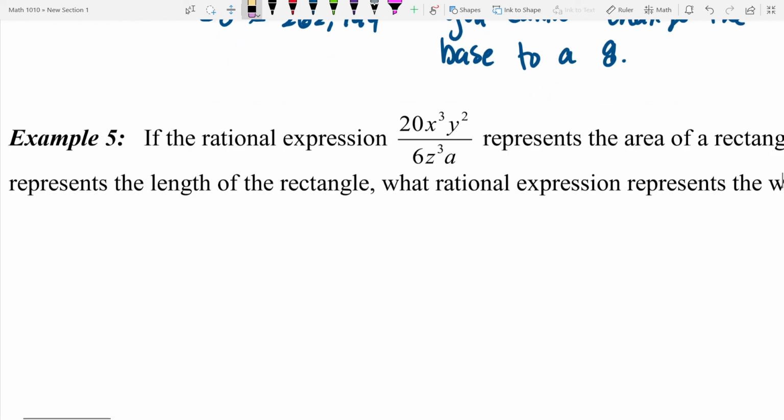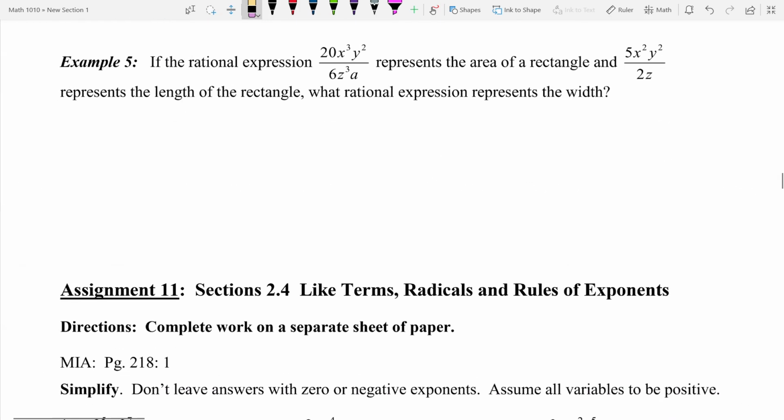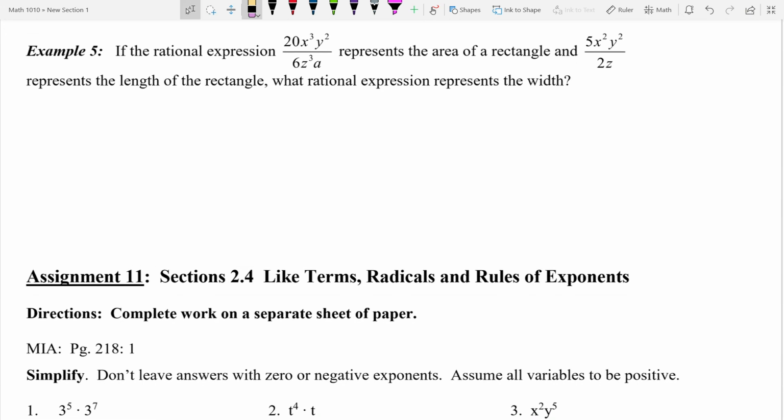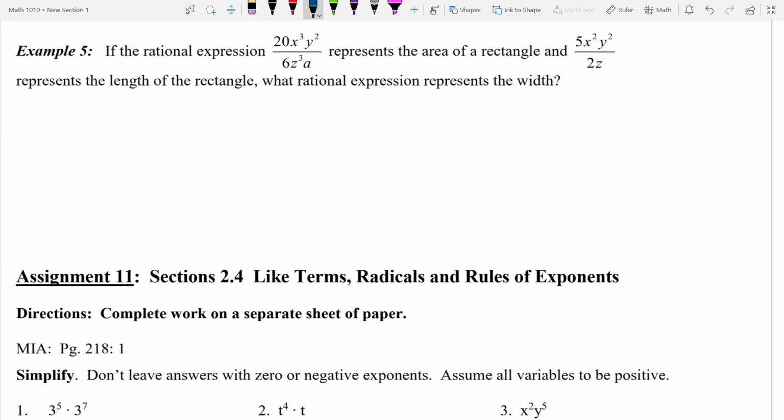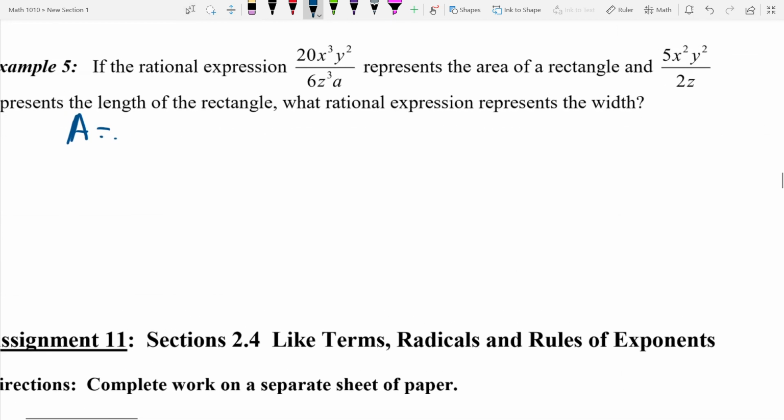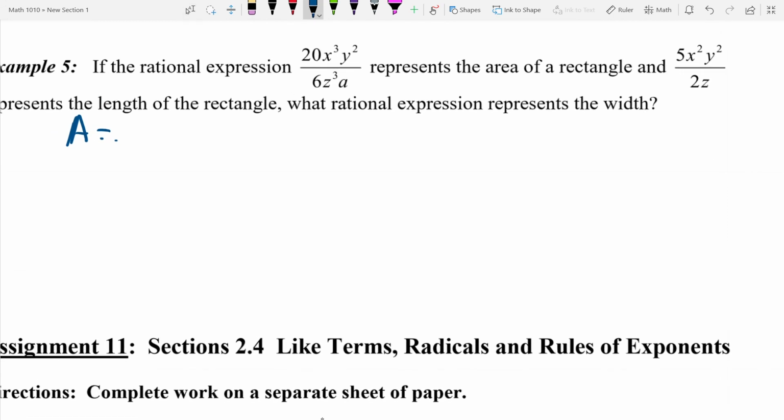Great. Okay, question 5. If the rational expression this represents the area of a rectangle, and this represents the length of the rectangle, what's the width? Okay, so everybody say area equals. If we're talking about a rectangle, someone tell me the formula for the area of a rectangle. Do you remember? It is length times width. Good.